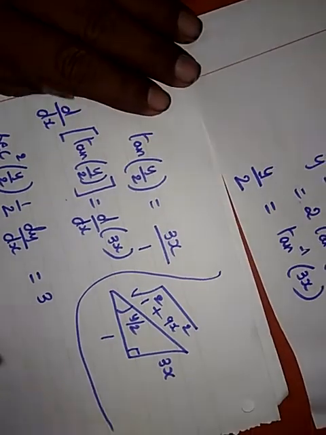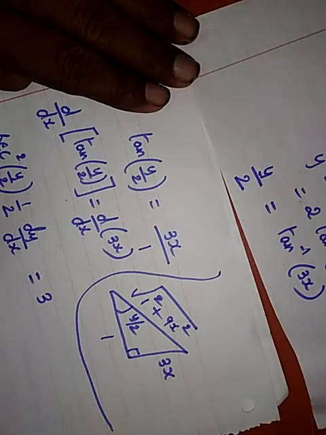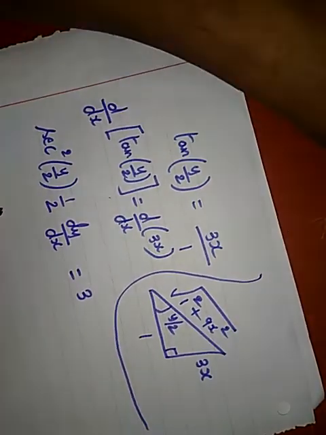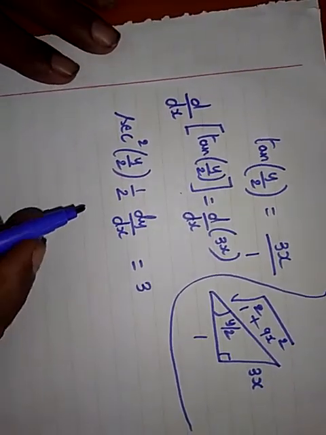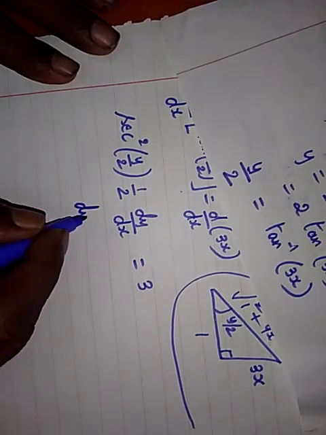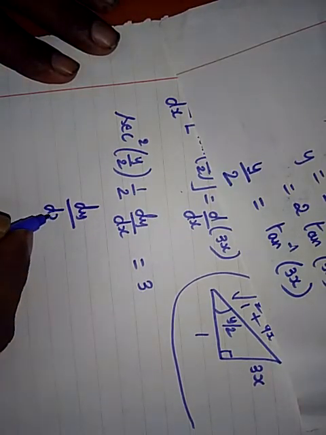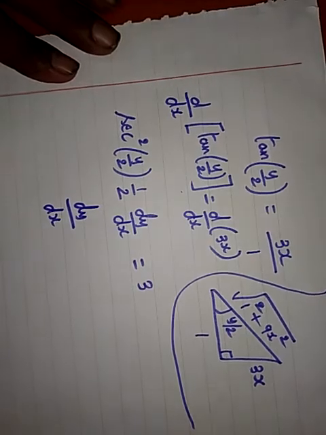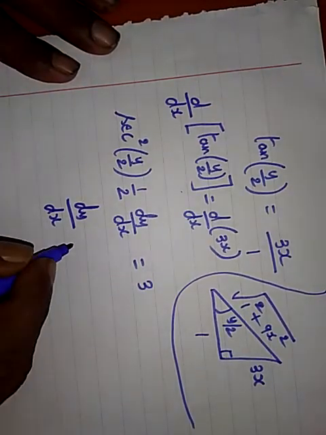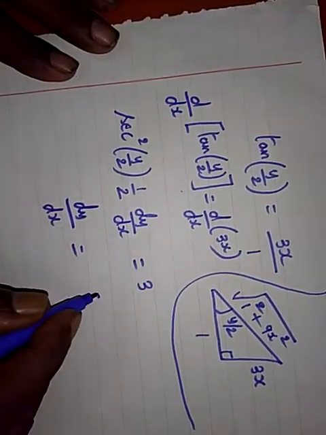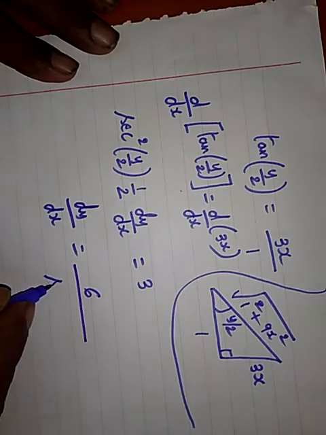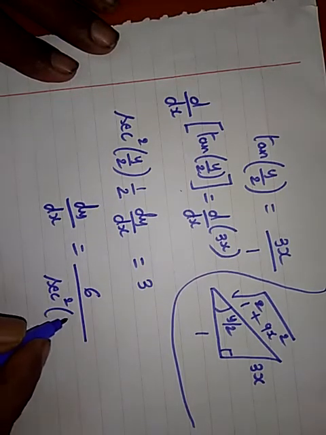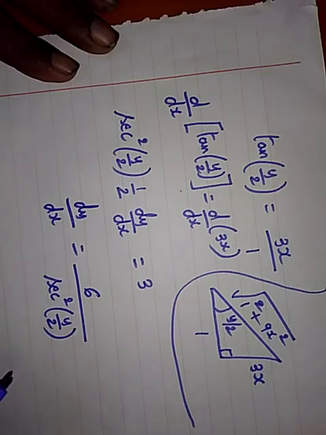Now bring this 2 to other side, and secant squared y by 2 also to the other side. So what you will get is dy by dx is equal to 2 into 3, that is 6, divided by secant square y by 2.